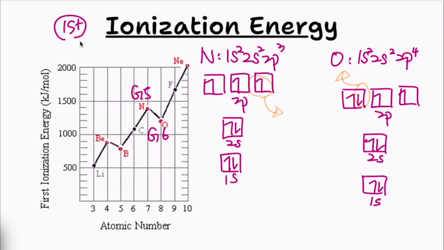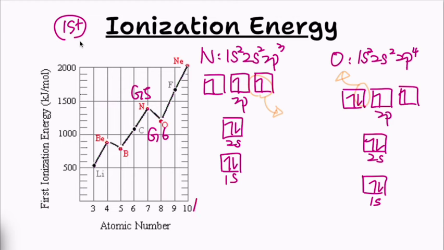So if you want to break this stable state and remove the electron, it's going to be relatively difficult. On the other hand, oxygen has this extra electron here. Even though it's paired, and usually paired electrons are stable, because the other two orbitals are not paired, this is actually more unstable. If you want to knock off this electron and make it into a stable half-filled 2p subshell, it's actually preferred. So it's easier to remove this extra electron.